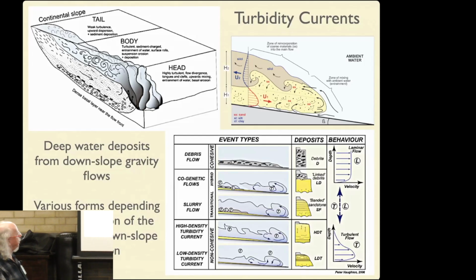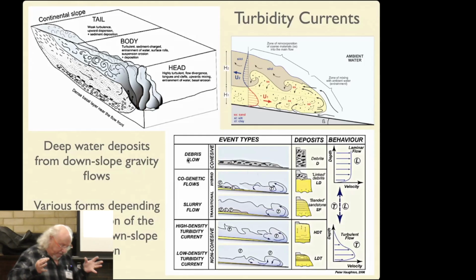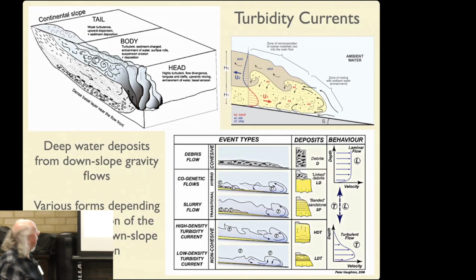There are all sorts of things, all the way from debris flows, where basically the slope fails and then everything just slumps down the slope, through all the way down to the high density turbidites, which I've been talking about, and these things called low density turbidites, which I'll also show you.